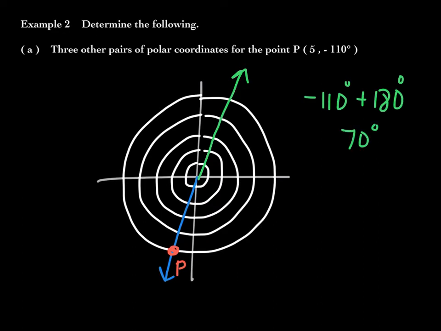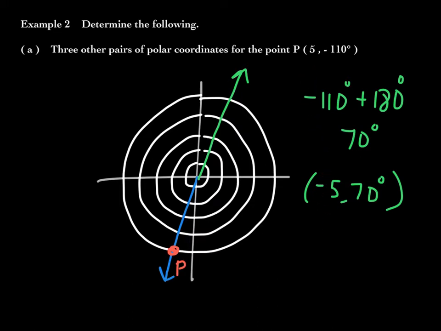So here would be 70 degrees, but instead of going 5 units, 1, 2, 3, 4, 5 units this way, landing here, remember we still want to end up here at this point. So how about 70 degrees, but then go -5 units. So 70 degrees and then -5 units could be an option. So here's a pair of polar coordinates instead of 5, -110.